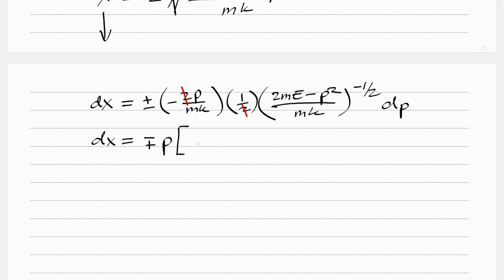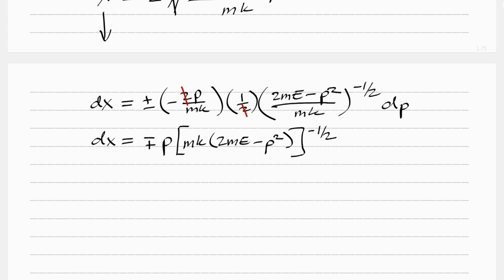And then we're going to do bracket mk times 2me minus p squared, close the bracket, minus 1/2 power. So what I did, we had a 1 over mk, and then we had the 1 over square root of 1 over mk.